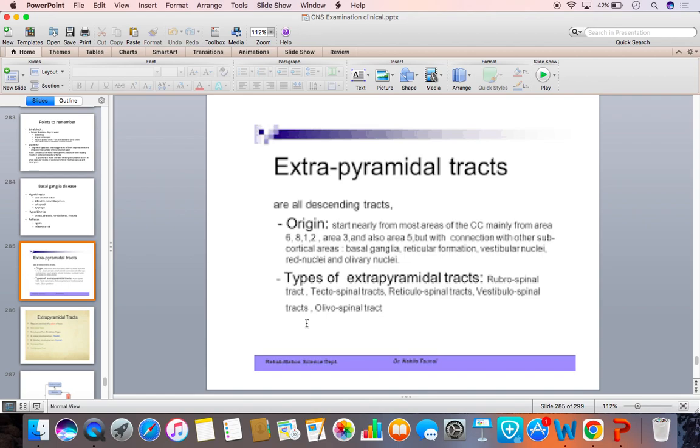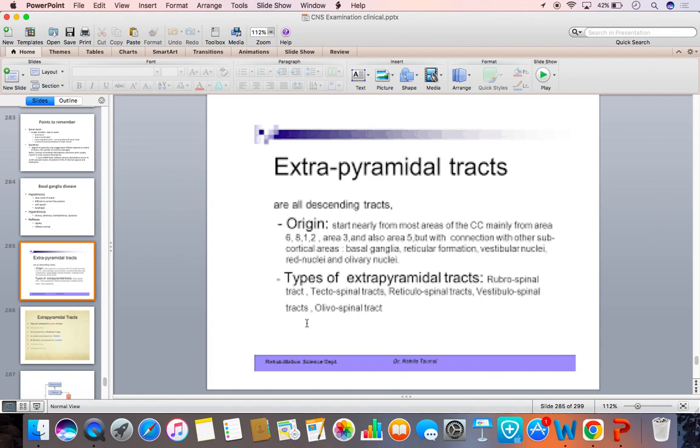But they have connections with other subcortical centers like basal ganglia, reticular formation, vestibular nuclei, red nuclei, and olivary nuclei. If the origin is in the cerebral cortex, they should have the connection to the lower centers, as said: basal ganglia, reticular formation, vestibular nuclei, red nuclei, and olivary nuclei.